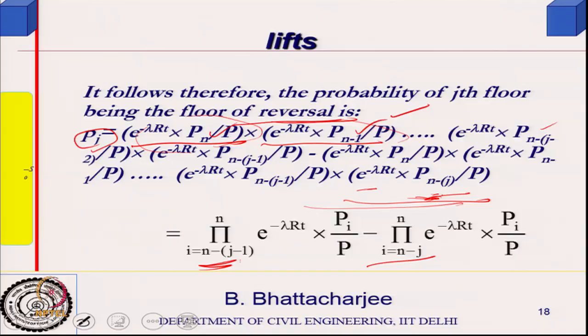You see, this is not finding anybody from one floor above the jth floor up to n, and this is the probability of not finding anybody one floor below the jth floor, but that is the probability of finding at least one person in the jth floor, when it will become the floor of reversal.